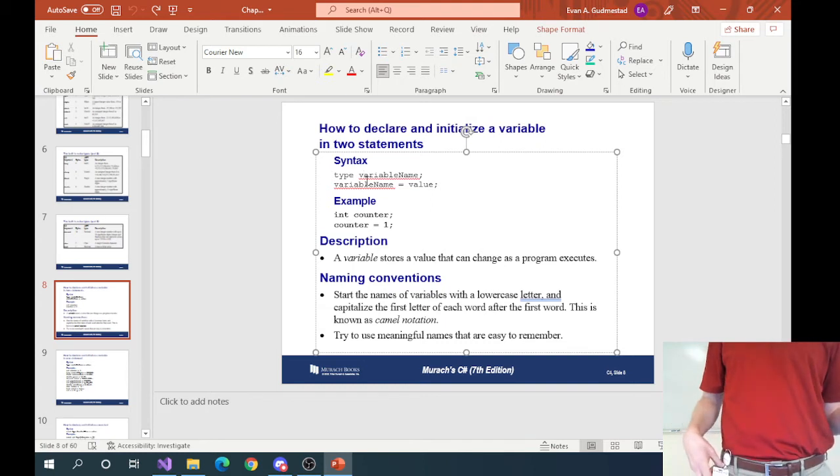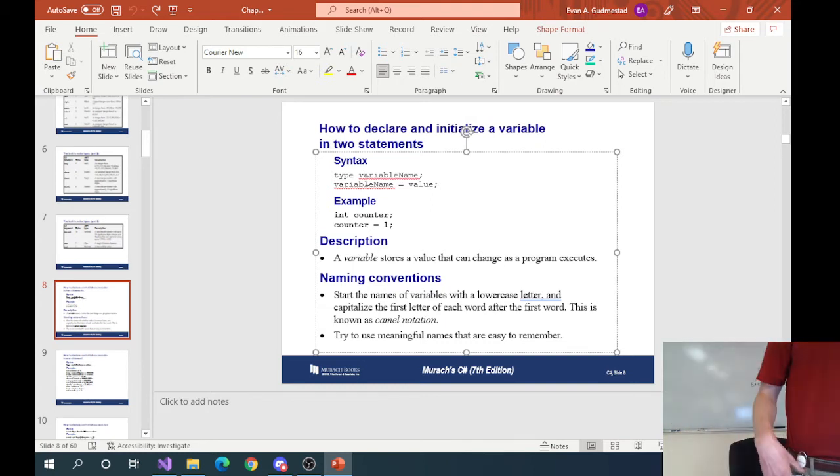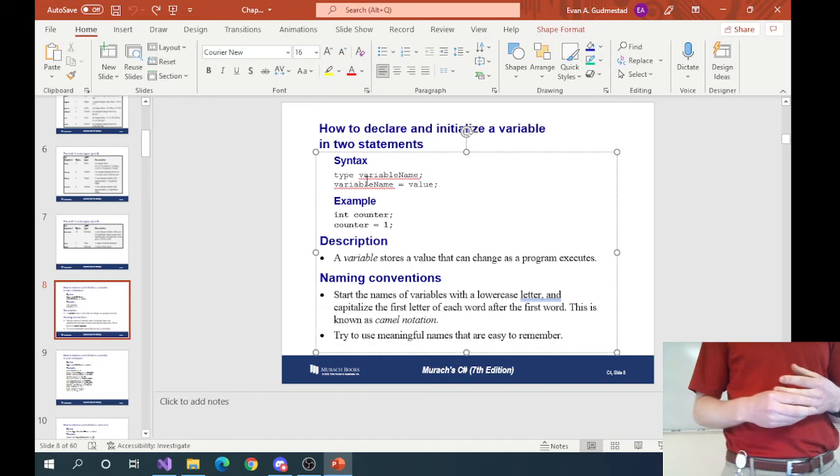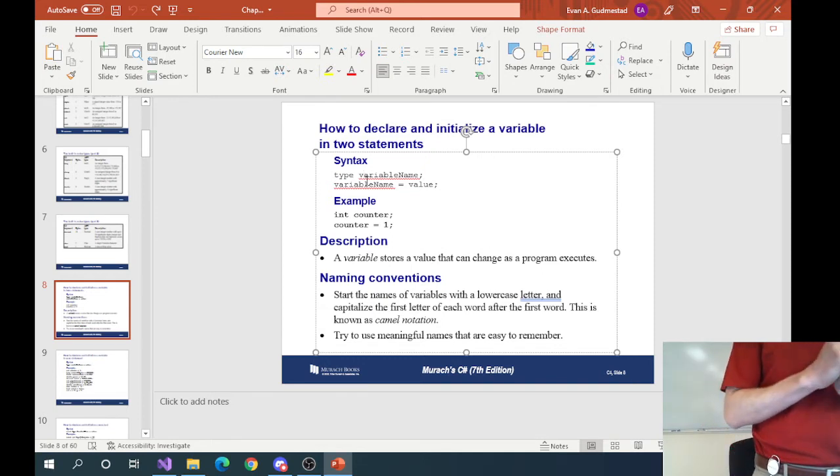Camel notation is what we use for our variables, but what was the other convention? Pascal notation, right? Camel notation starts with a lowercase first word, and then every new word is capitalized after that. Pascal starts with a capital letter, and every new word is capitalized. Those are naming conventions for our identifiers.